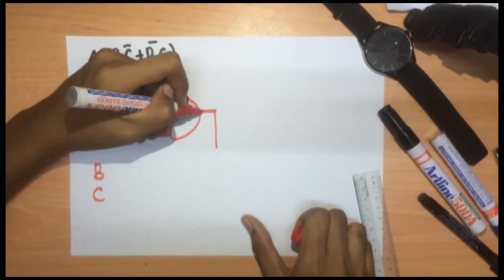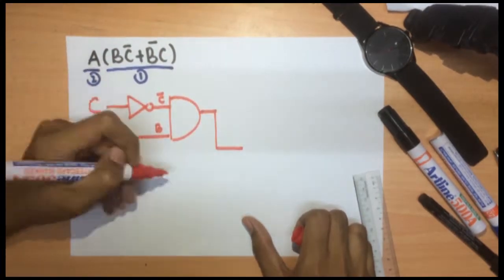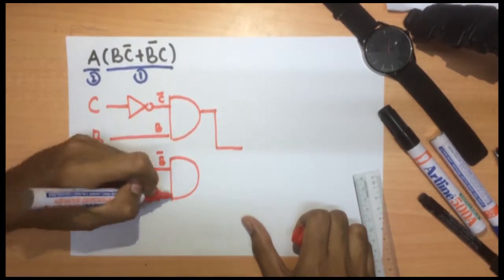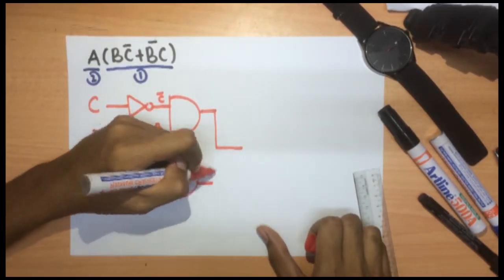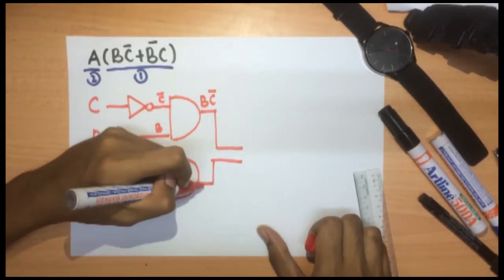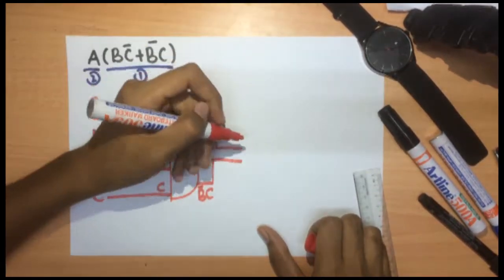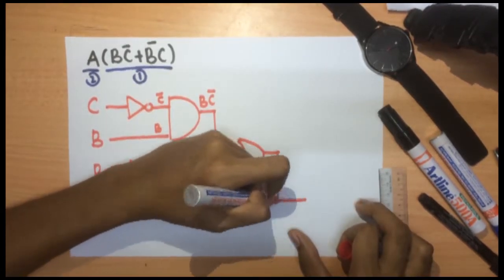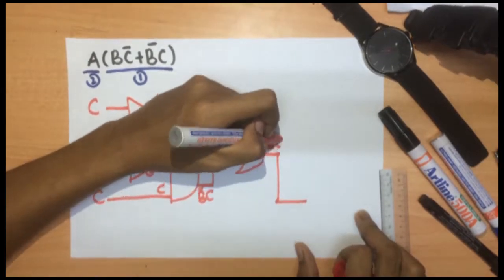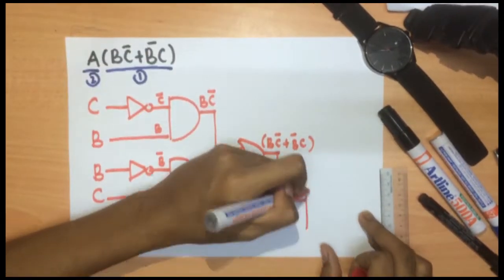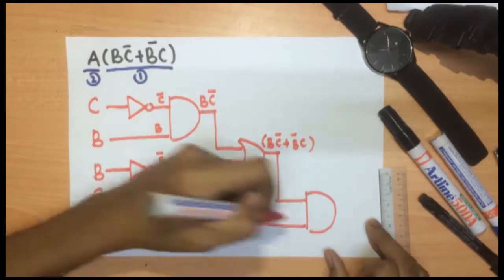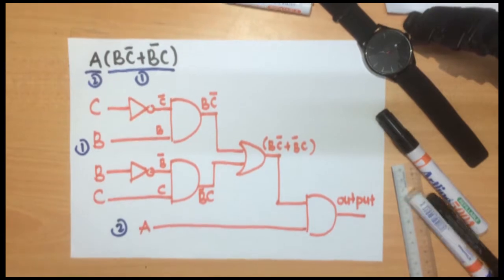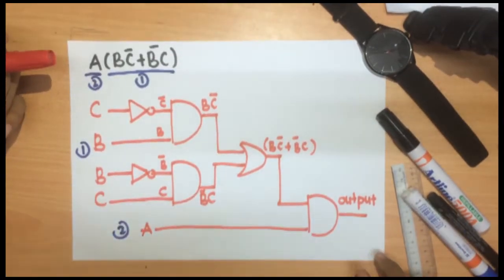Same goes for not B C. Then both of them meet up together and draw the OR diagram for B not C or not B C. Lastly, they meet up with the A and draw the AND symbol. Then there you go, the graphical symbol diagram for the equation.